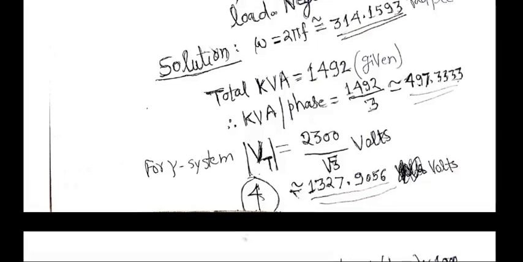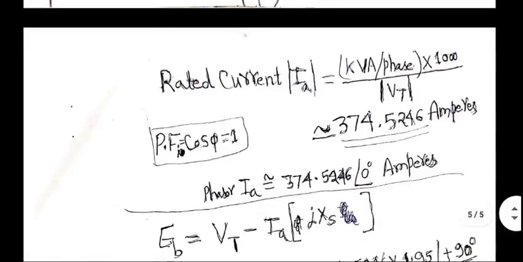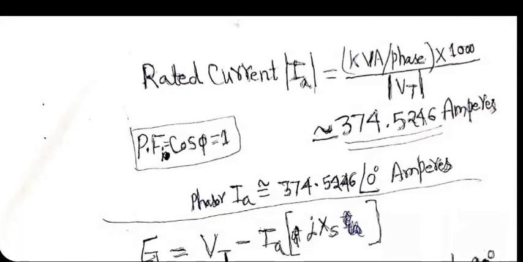Anyway, rated current is easy to figure out from the power rating or from the kVA rating. You will get 374.5 something amperes. Because power factor is 1, it's not involved at all. Total IA phasor will be 374.5246 with 0 degree phase shift because unity power factor is involved.